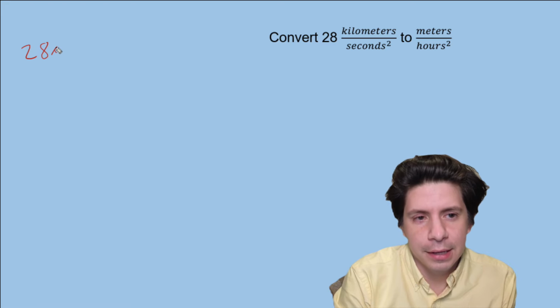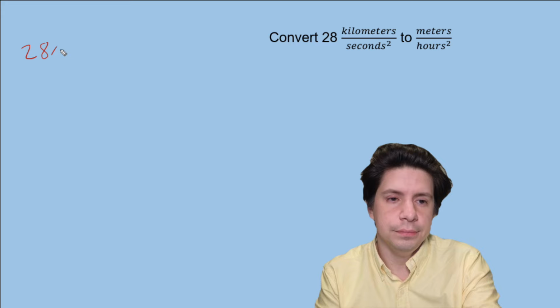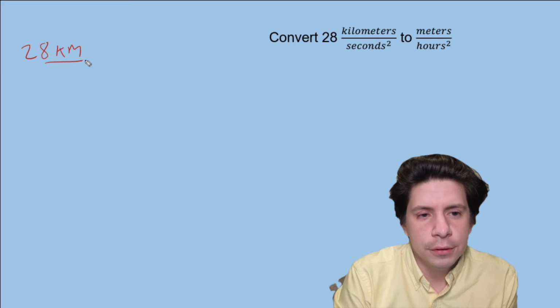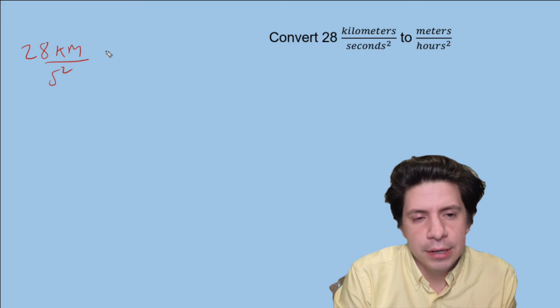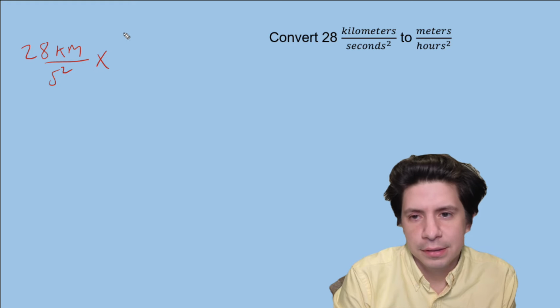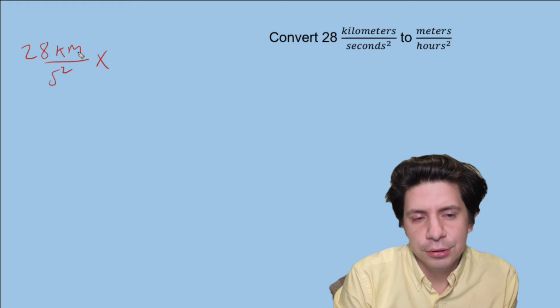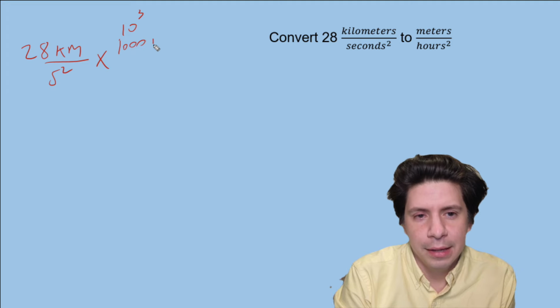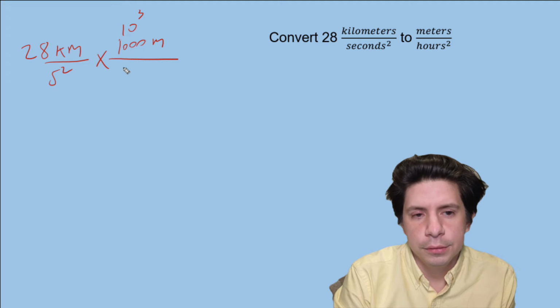28 km over seconds squared. We set up the same type of system. So to go from kilometers to meters is going to be 1,000 meters on top. You could think about it as 10 to the third if you want, m, over 1 kilometer.